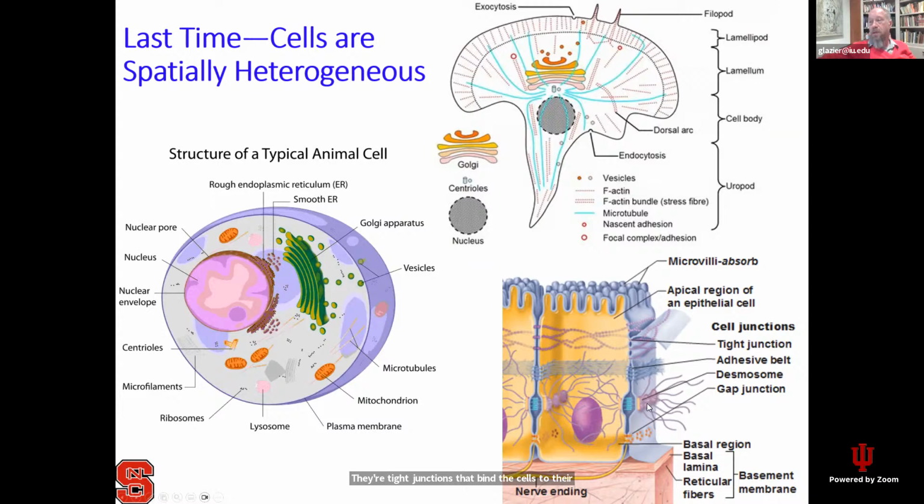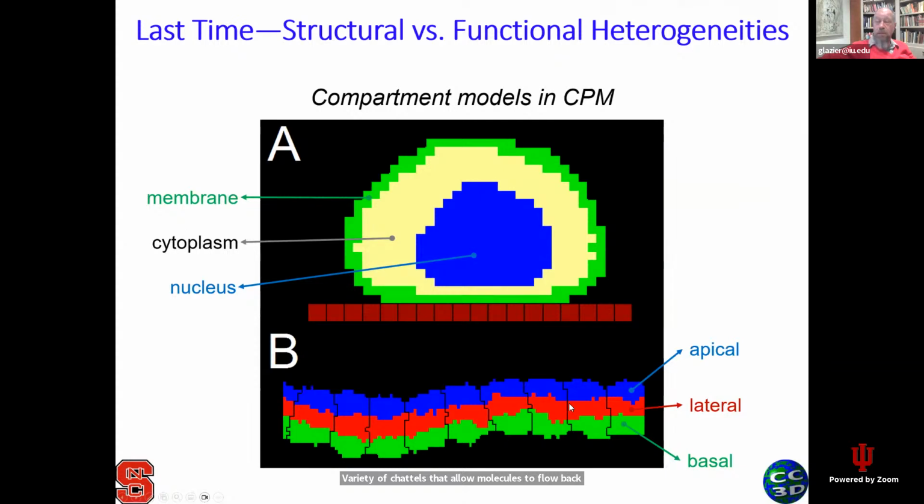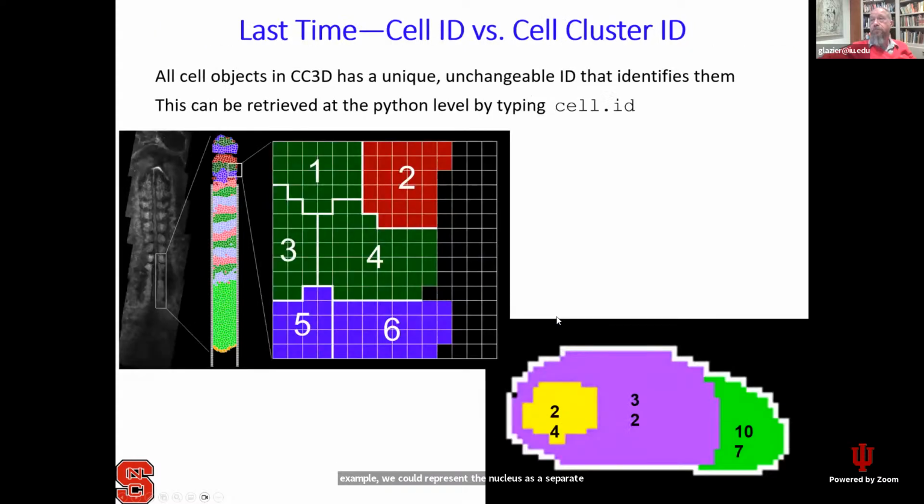There are also desmosomes that bind cells to their neighbors, and a variety of channels that allow molecules to flow back and forth between neighboring cells. And we could also use this kind of architecture to represent actual physical structures of the cell. For example, we could represent the nucleus as a separate domain within the cell.